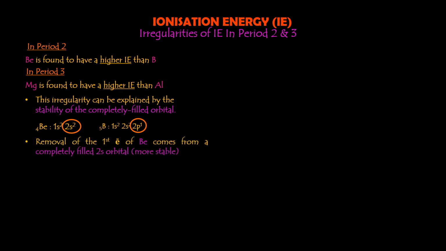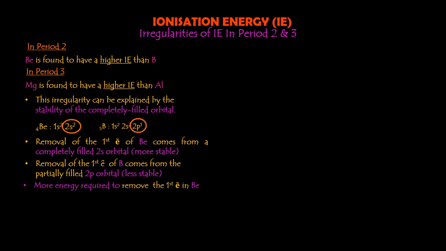The removal of the first electron of beryllium comes from a completely filled 2s orbital, which is more stable, while the removal of the first electron of boron comes from the partially filled 2p orbital, which is less stable. More energy is required to remove the first electron in beryllium. The same reason why magnesium has a higher first ionization energy than aluminium.